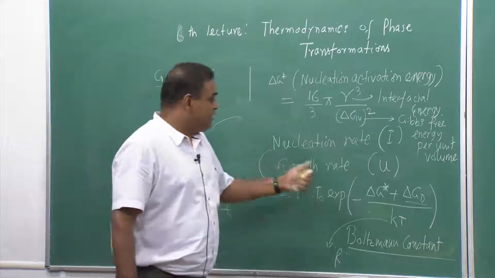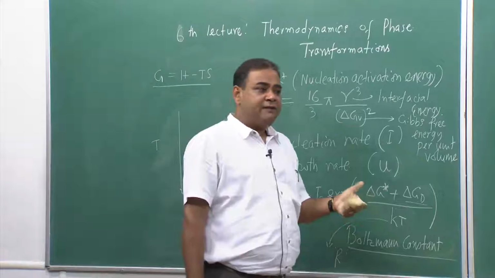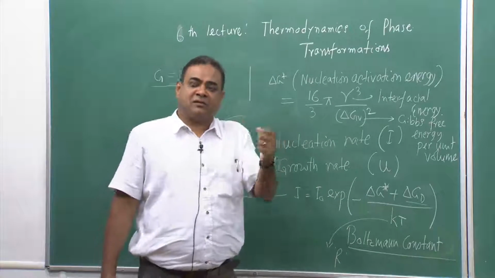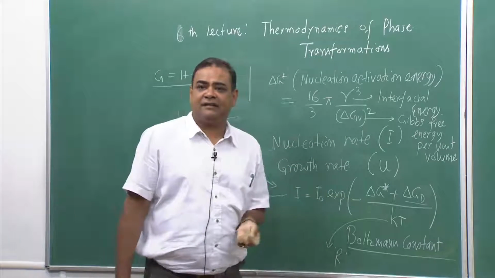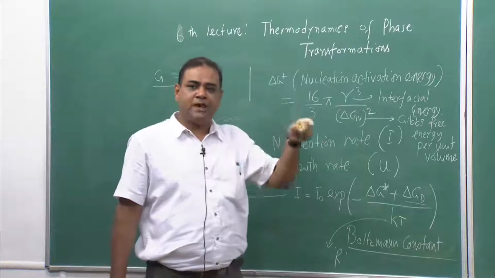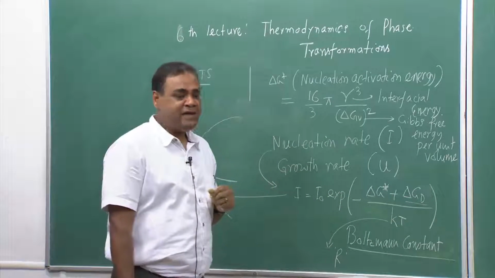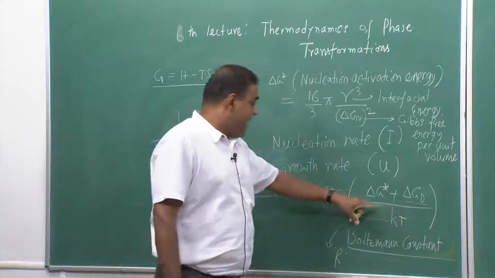Because whenever we try to find out some phase formation out of another phase, if it is a thermally activated process, then we need atom migration, and this atom migration does not take place just like that, it has to cross a barrier, and that barrier is nothing but del G D, a diffusional activation barrier, and this I is to be calculated.